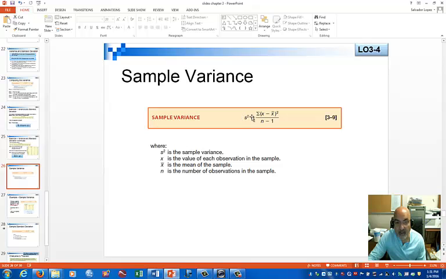And for the sample statistics, we use normal letters or Roman letters. S squared is equal to, again, notice, the summation of x minus the average, in this case the average of the sample, squared, divided by the sample size minus 1. Little n minus 1. Little n indicates the sample size.